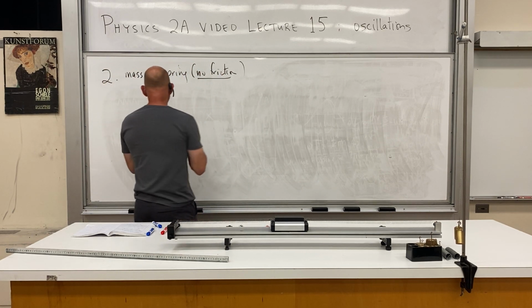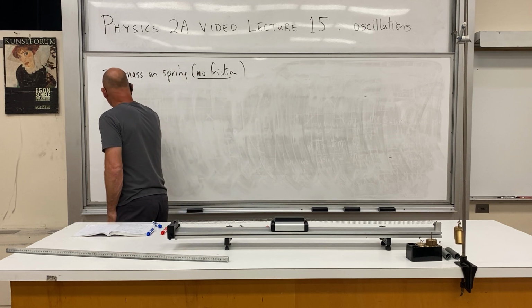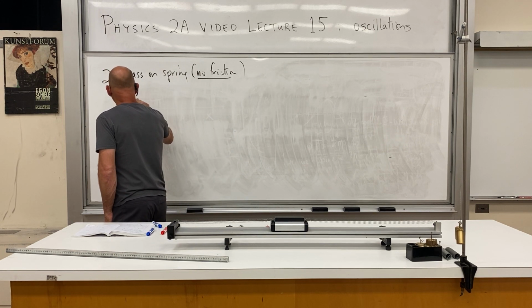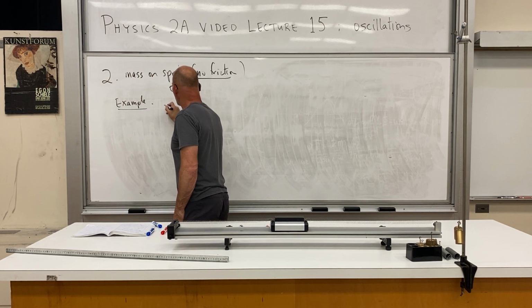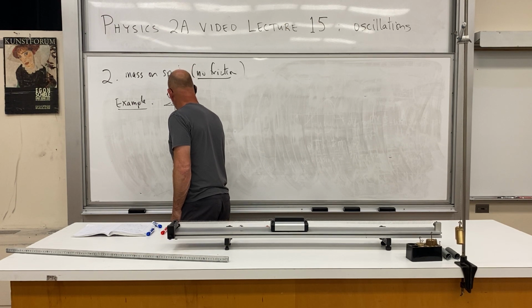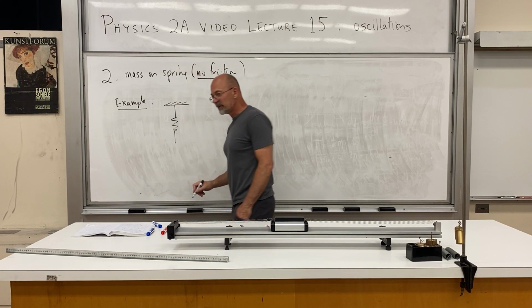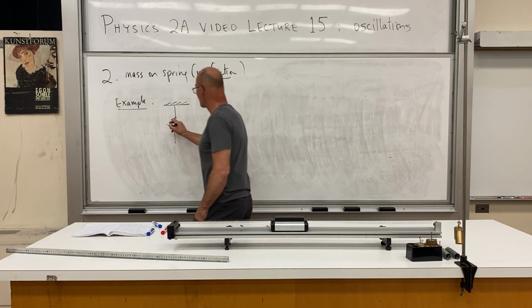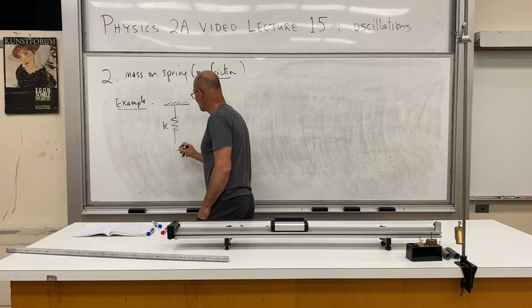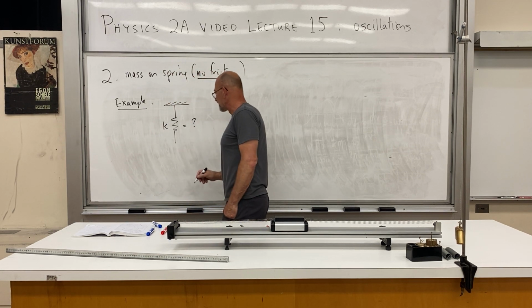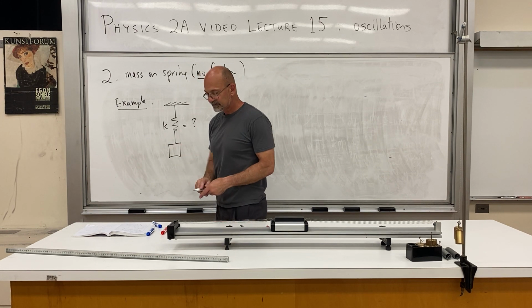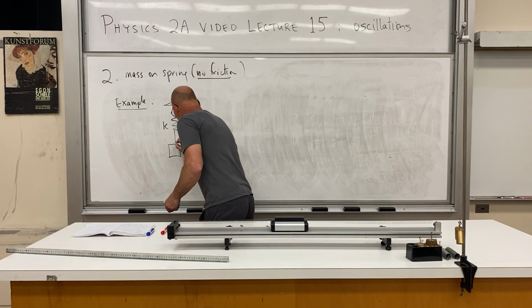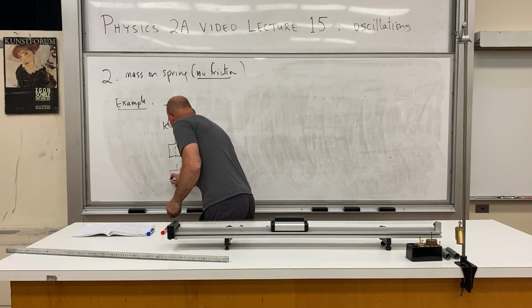So before we do the pendulum though, let's just do an example. That's the type in these homeworks. And you start, say, with a spring, and you don't know what the k is, but you just have a spring here. I'm just going to label it k. k equals, who knows what k equals? But we attach a mass to the bottom, and then this thing stretches down to here.